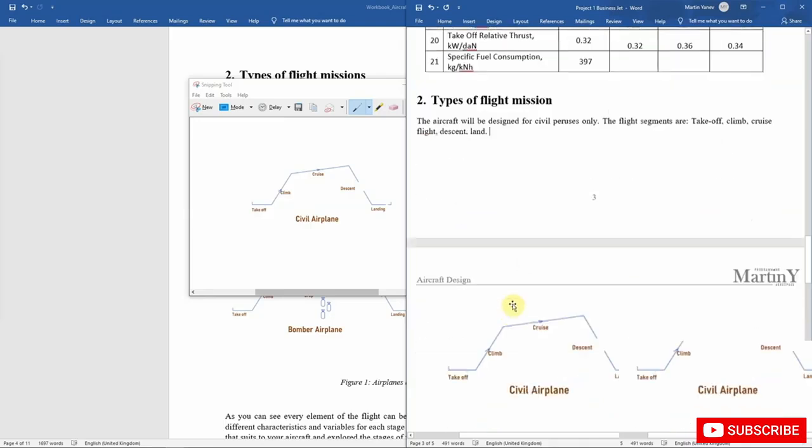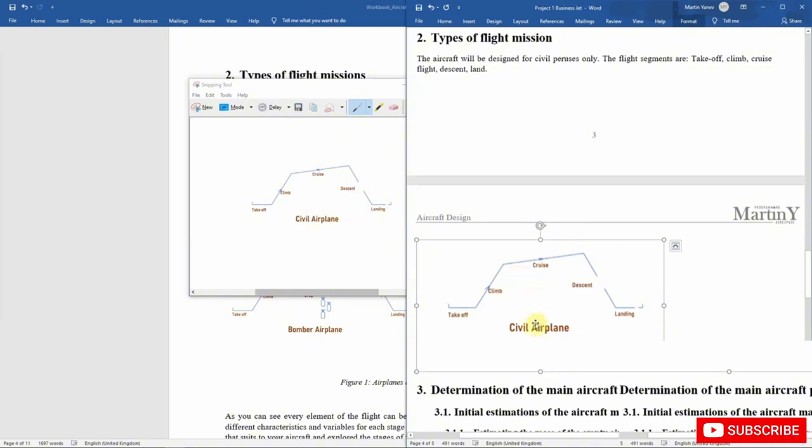And then I added the picture of our flight mission. So this is all the job, guys, that you needed to do in this video. Thank you very much for watching, and in the next sections we are going to continue with the mass estimation.